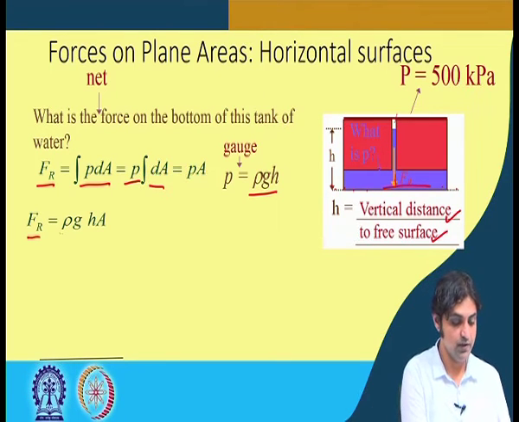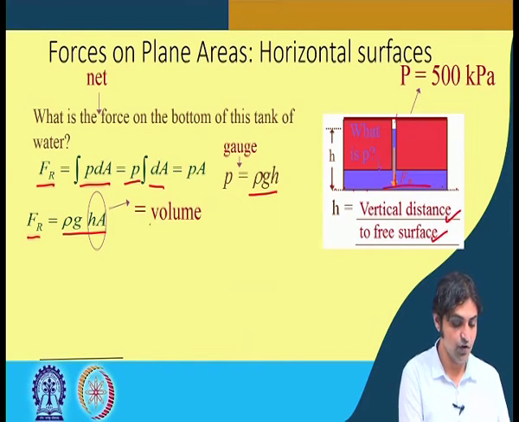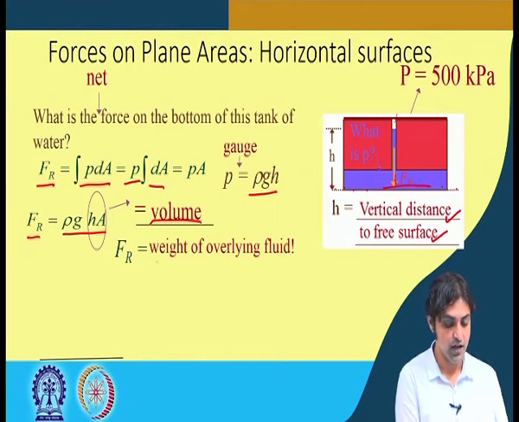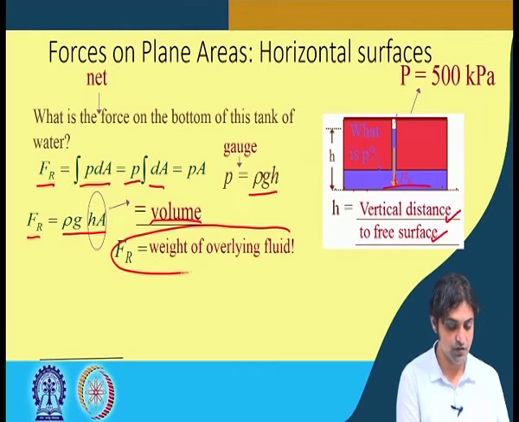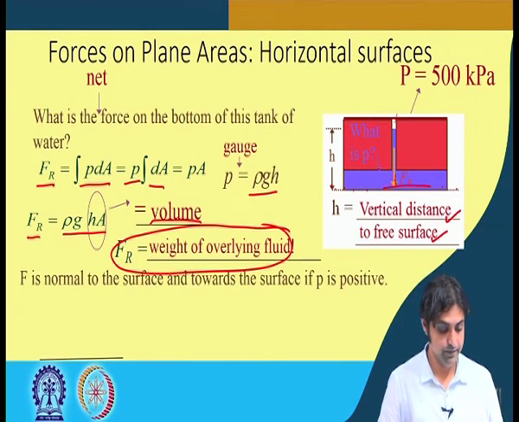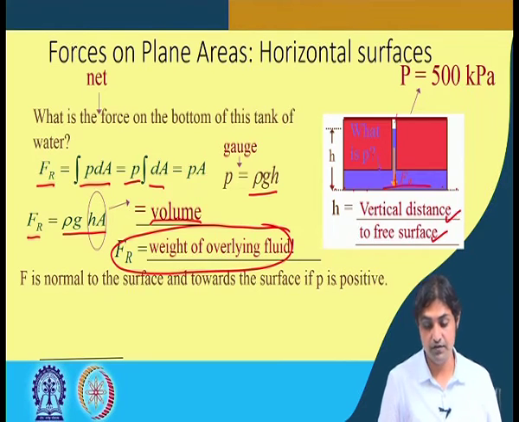So Fr will become rho g h into A. hA is the volume, area into height, right. So Fr is actually nothing but the weight of the overlying fluid, okay. Also, F is normal to the surface and towards the surface if P is positive, okay.